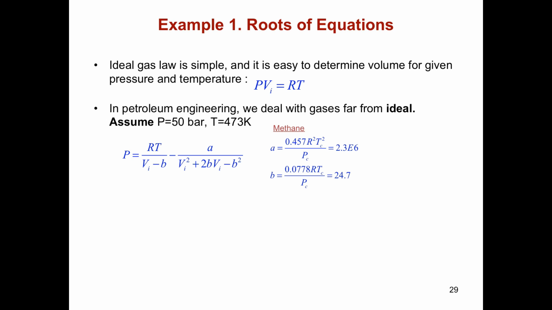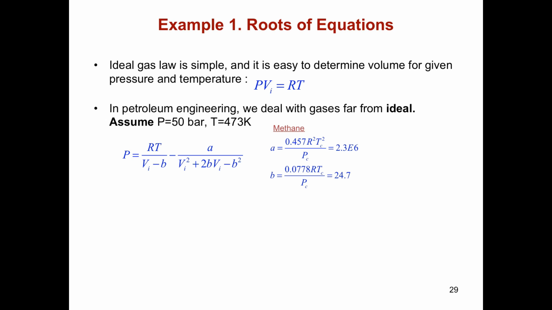These depend on the critical temperature and pressure at the critical point, and you still have the gas constant in there. So for the particular question, if I'm wondering about methane, which is a common gas in a reservoir, at 50 bars and a temperature of 473 K, then A and B are given here.